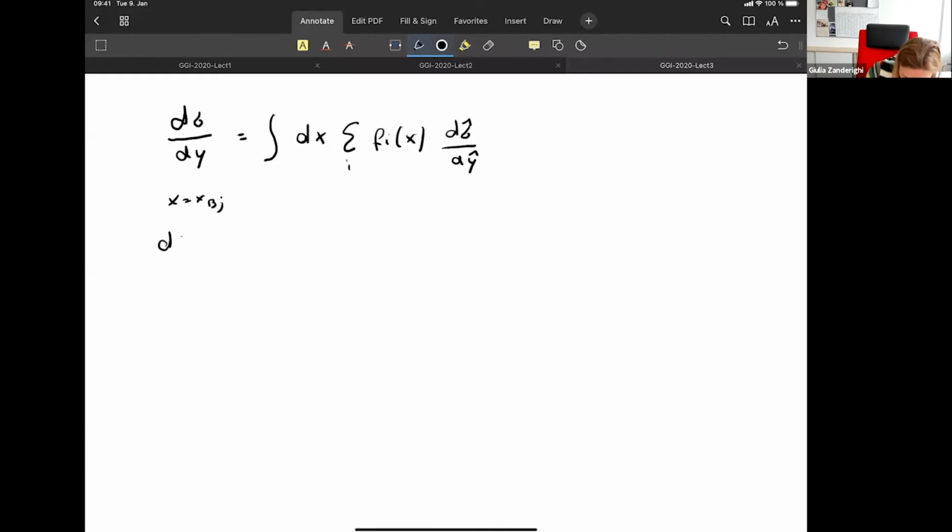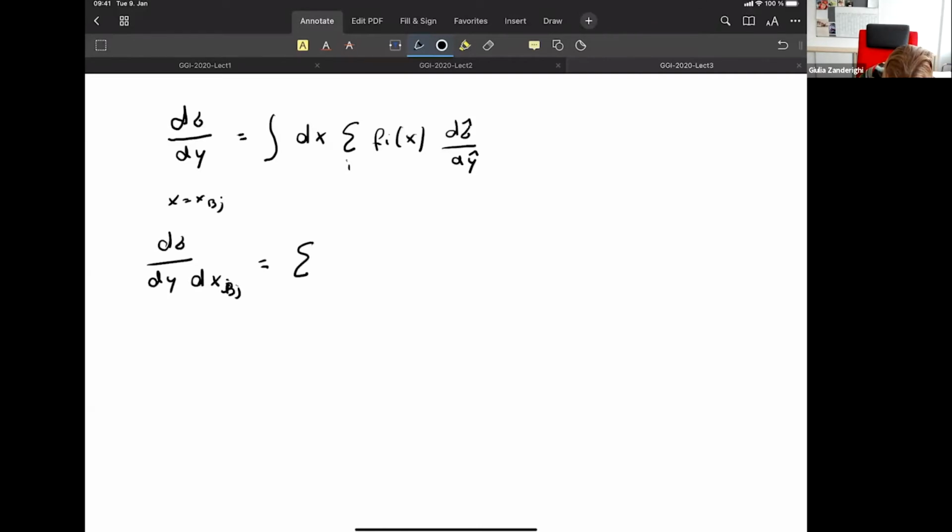And now if you even use that x is equal to x hat, you simply can write, for instance, this cross-section in this form, d sigma over d x d y. So if you take the derivative of this, you essentially get rid of the integral.